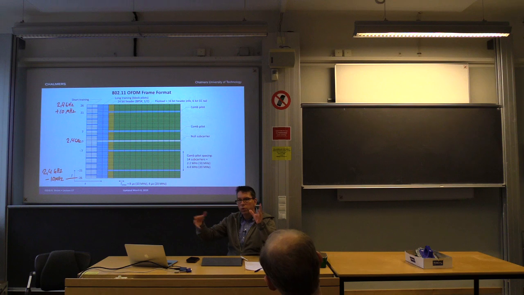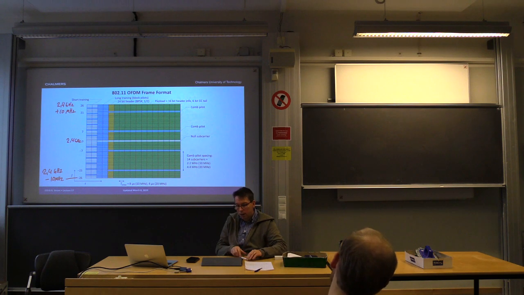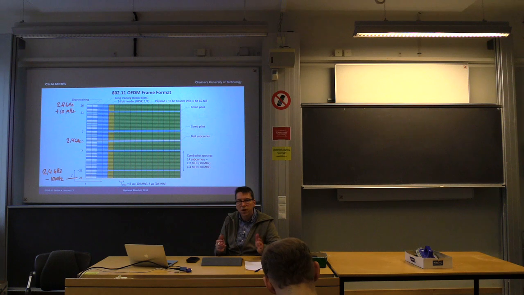It doesn't know which QAM is used, what coding and modulation scheme is used. It has to read that off in the yellow part. And the yellow part is always transmitted with BPSK with a certain coding and modulation, so it can always be decoded. The receiver knows how the data is encoded here. So it reads that off, and then it knows how to process the green part, and that's it.